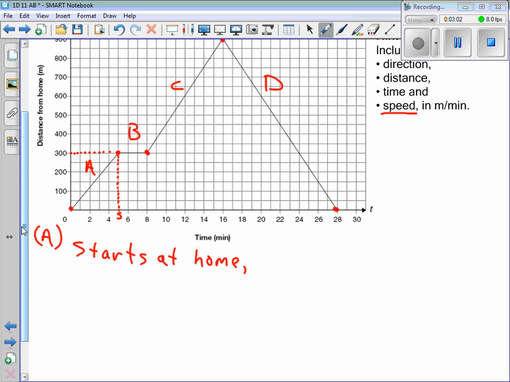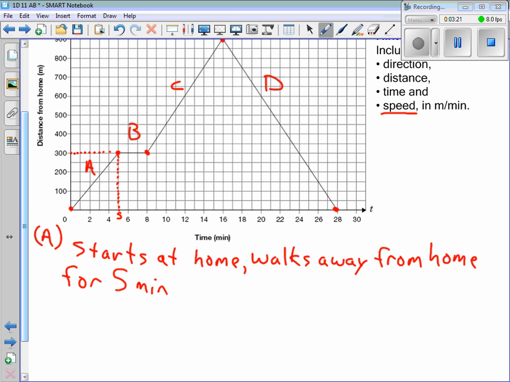So we can say that she starts at home, she walks away from home, that's her direction, for 5 minutes. There's our information about time. We also want to include distance and speed. So we can say she travels 300 meters.